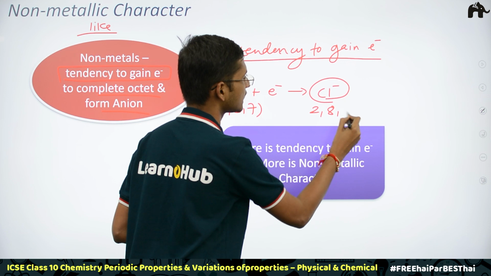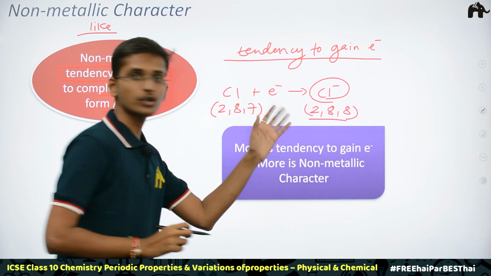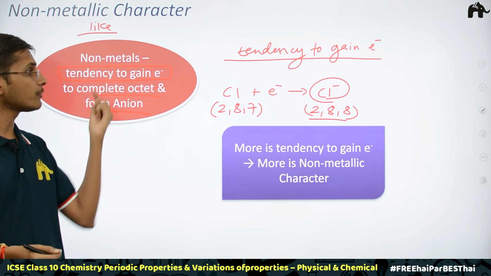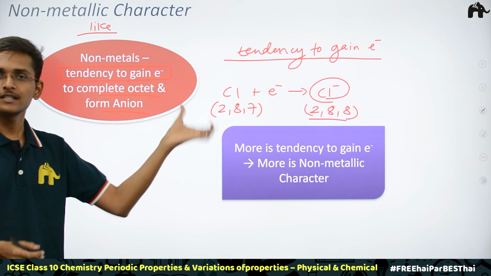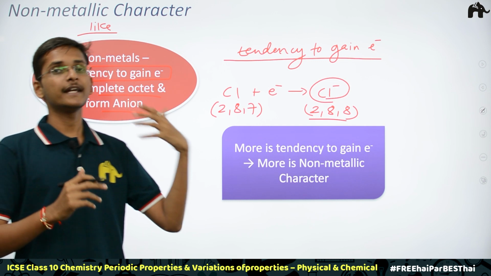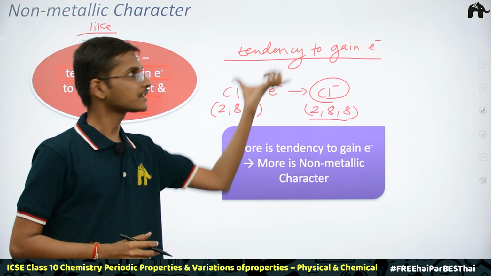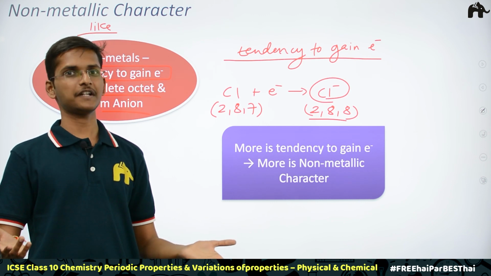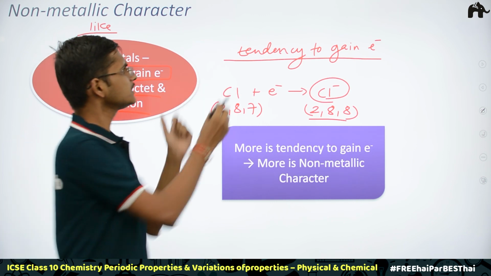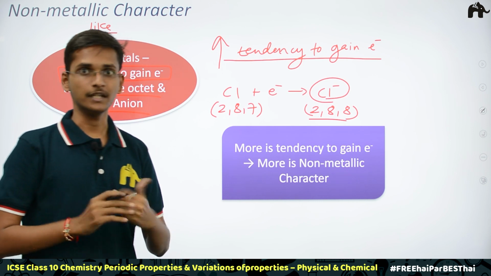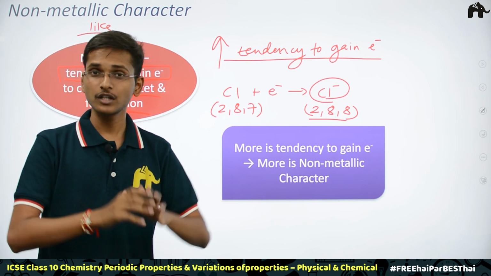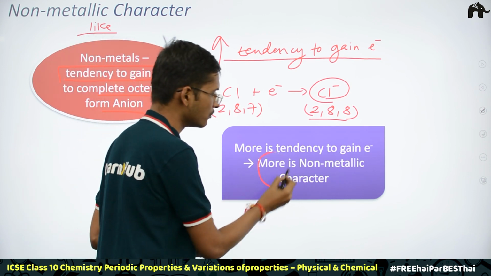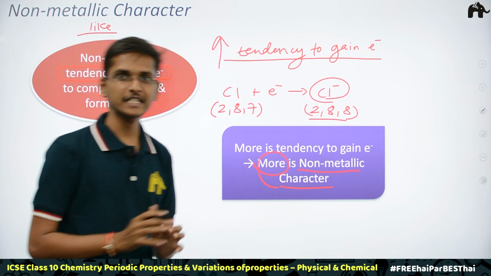It is very clear that non-metals do have this tendency. And if an element has such a tendency to gain electron, that element has non-metallic character. The more the tendency to gain electron, the more non-metallic character the element has.